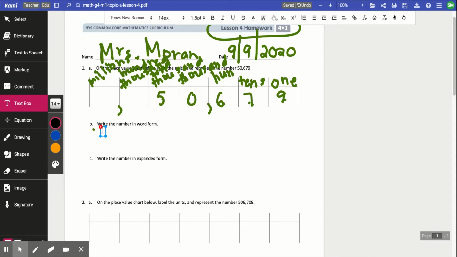And I could type in 50,000, 50,600, 50,679.